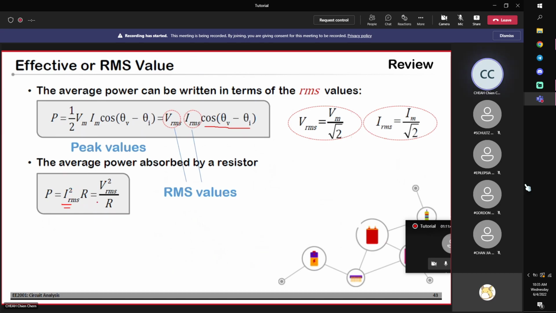You square it, multiply by R, and you get the average power, or effective power, absorbed by a resistor, or you can use VRMS squared over R. So I suggest that even if you are given peak values, use this to convert to RMS values, and then use the RMS values directly, which means that you can ignore this half, because the RMS value has taken that into account.